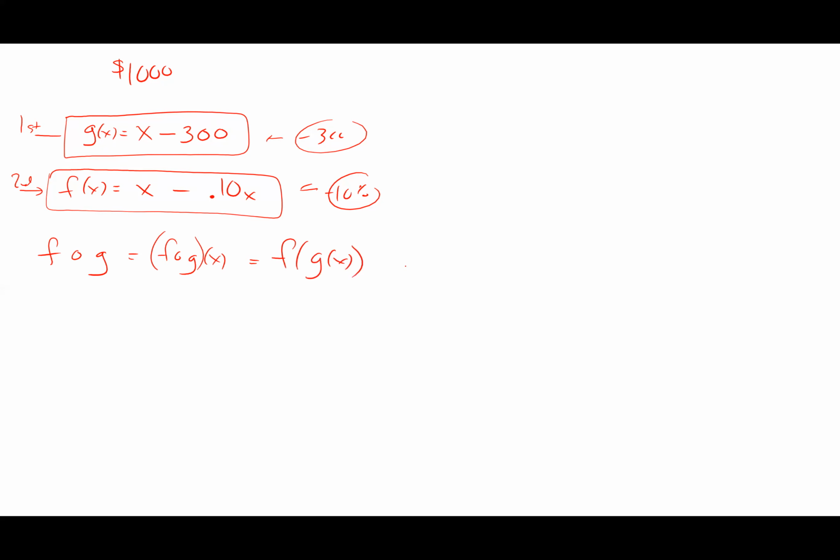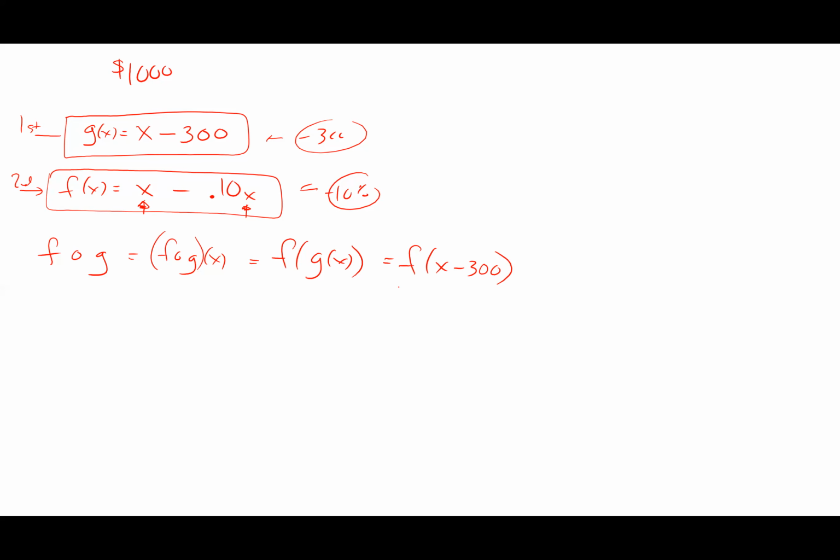Okay, then this one's a little bit tricky as well. This is going a little bit beyond the textbook here, but it's good to do that. So the G function, what is that? That is the x minus 300. Ooh, look at this. Notice the F function actually has two different x's. One is for the original price, and one is for the 10% off price.